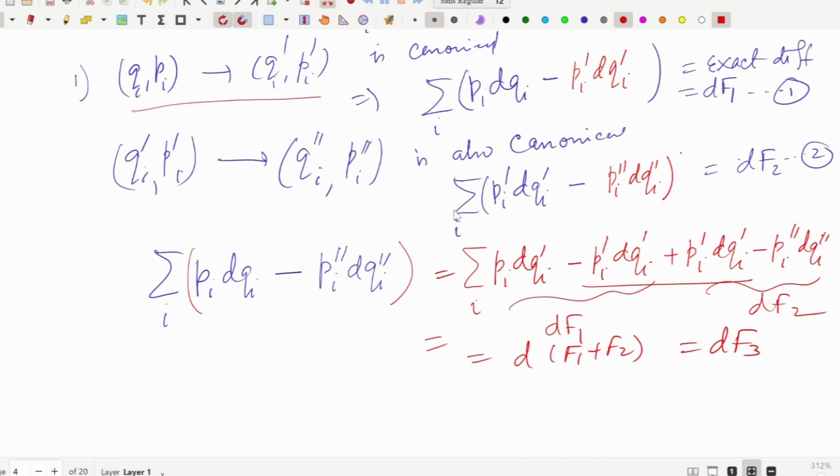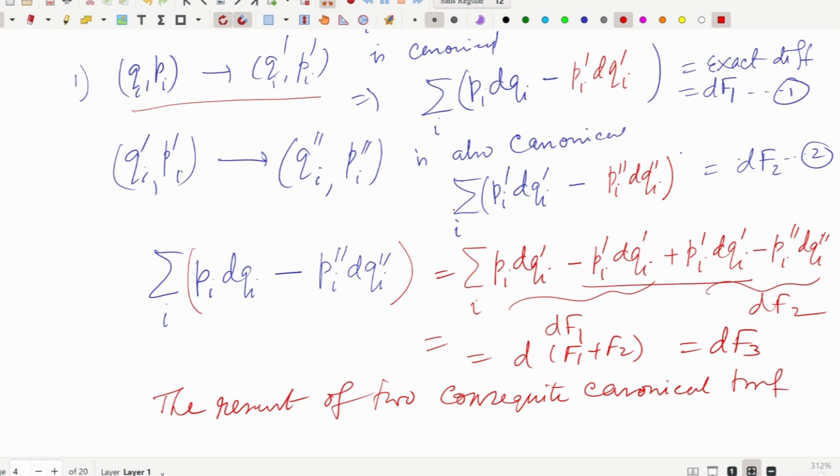So I can say that the result of two consecutive transformations is again a canonical transformation. Okay.